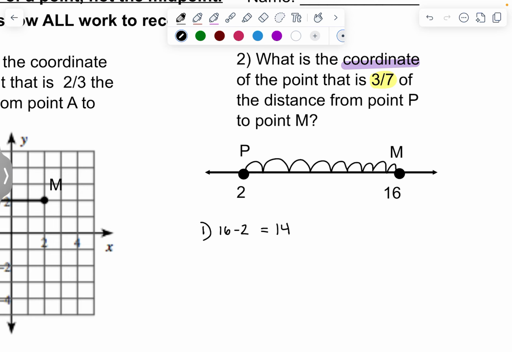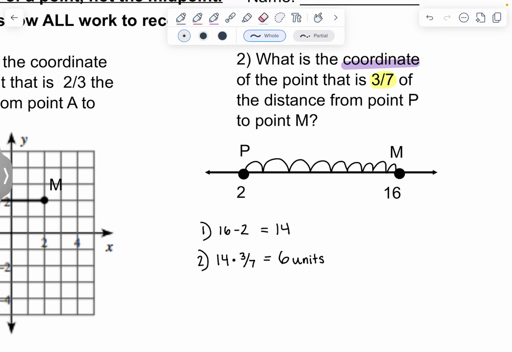So step 1, we subtract. Step 2, we're going to multiply. What is 14 times 3/7? I know this one off the top of my head. I know that 14 times 3/7, you can put it in your calculator, is 6. 6 units to be exact.